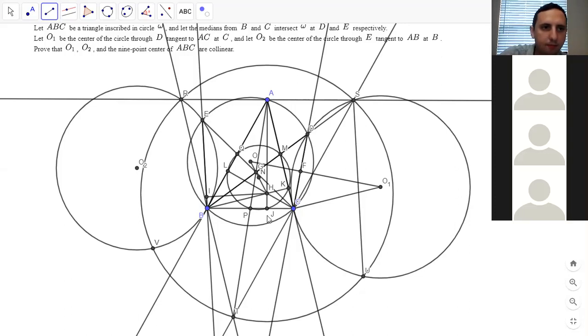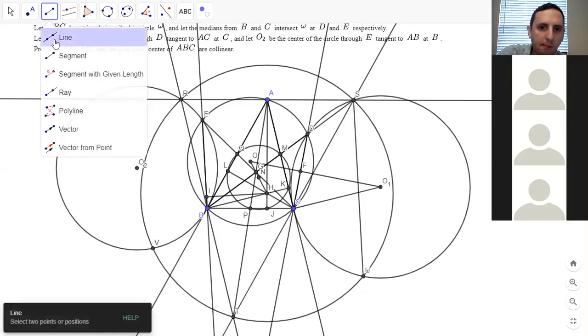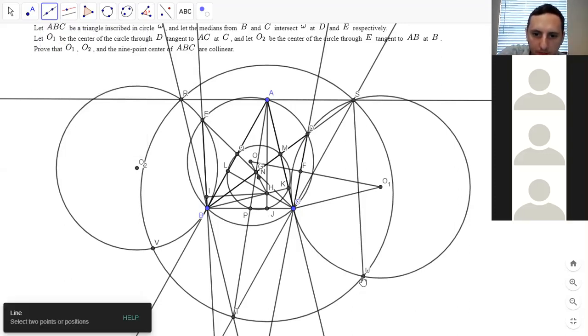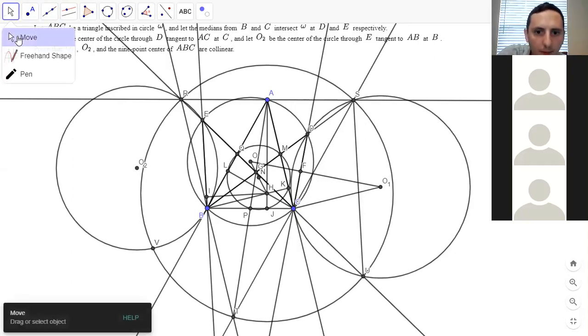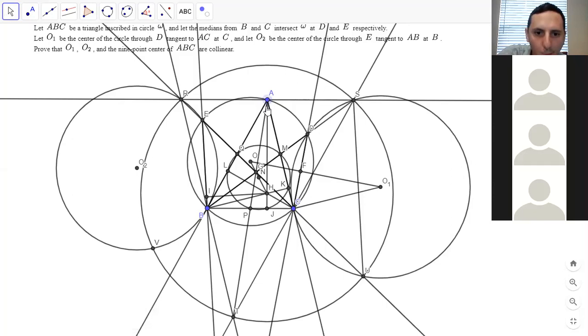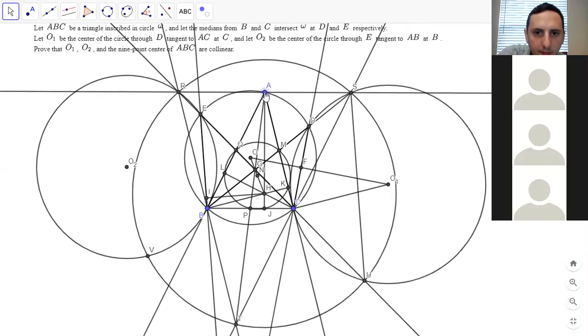Let me try something. Oh, wait, it looks like U is collinear with all those points. Yeah.